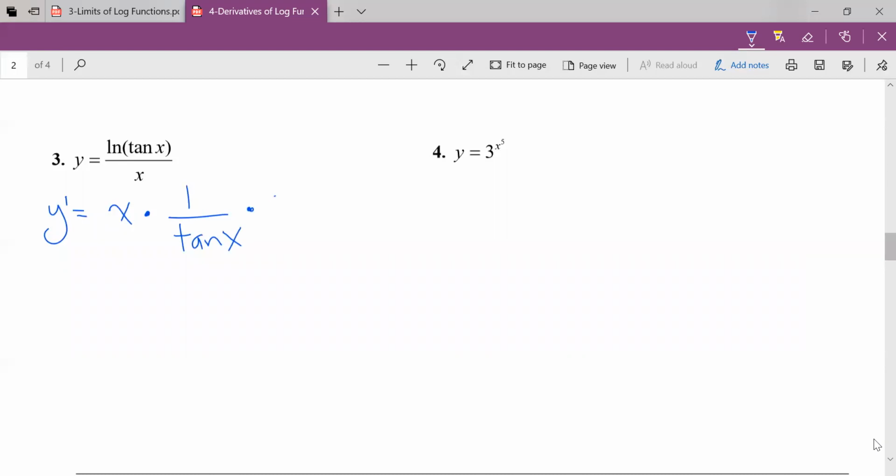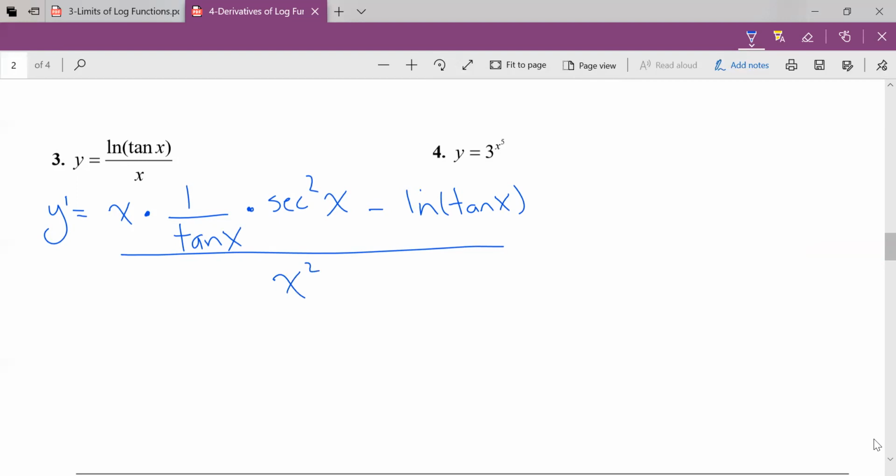The derivative of tan x is secant squared x. Minus, I'm going to spill over into the next question here, minus the top, so ln tan x times the derivative of the bottom. Well, the derivative of the bottom is just 1, right? All over the bottom squared.